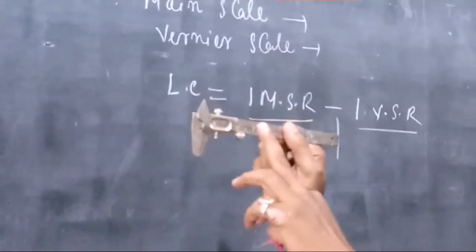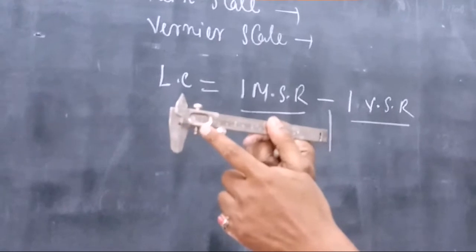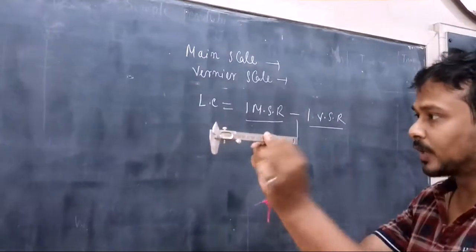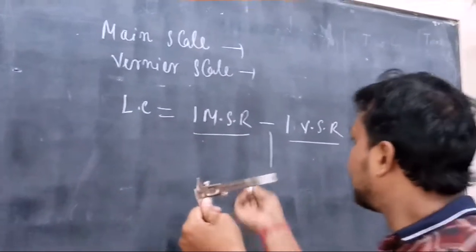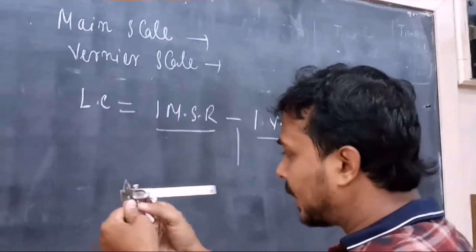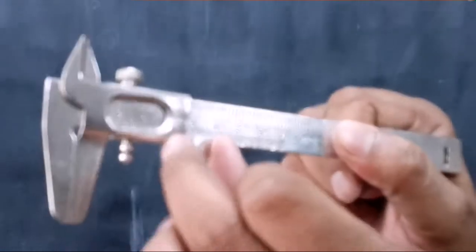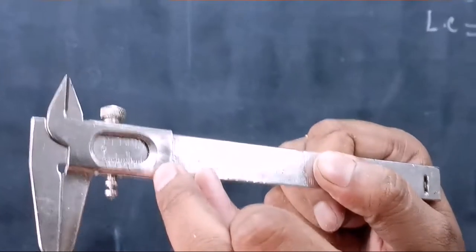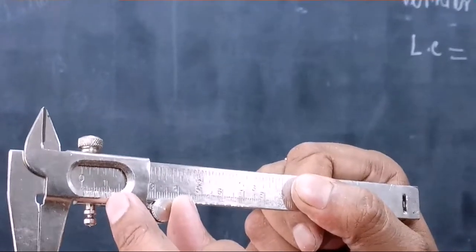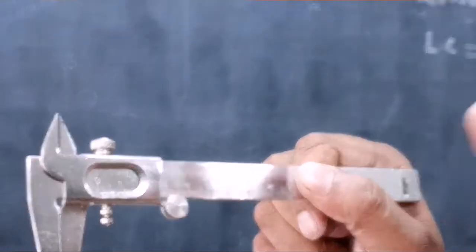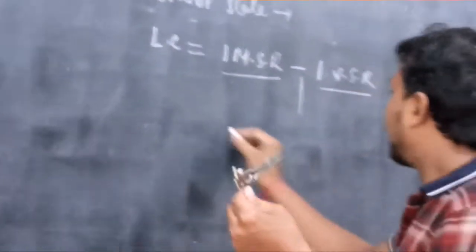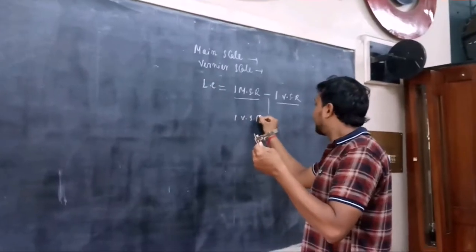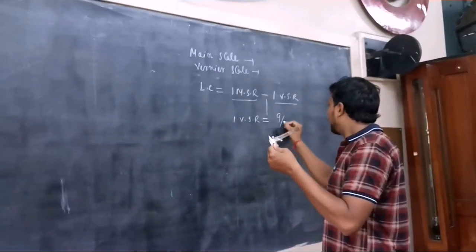Now in this device, if you look at the vernier scale and the main scale, you can see how many lines coincide. Suppose you see how many lines of the main scale coincide with the lines of the vernier scale. Then one vernier scale reading will be 9 by 10 mm.